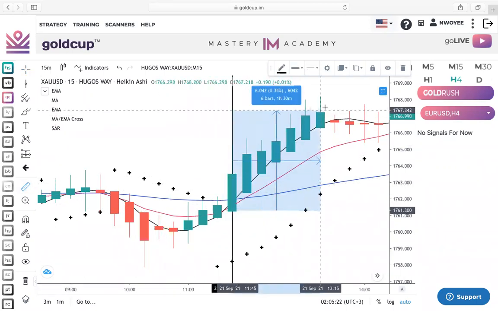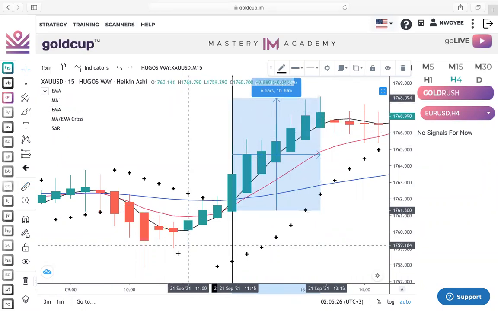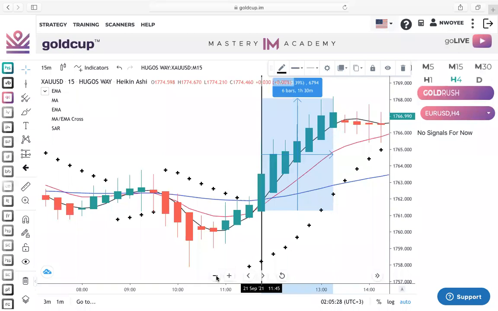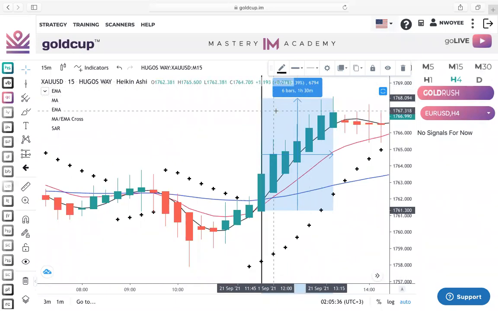If you don't make money from Goldcup, it's totally your fault. It's not the scanner. It's not your mentor. It's not IM Academy. Literally your fault. This is a 70 pip move in an hour, 30 minutes. A 70 pip move with 1.00, that's $700.